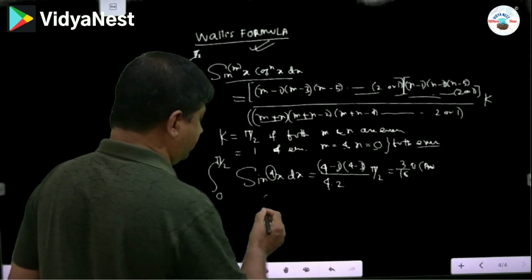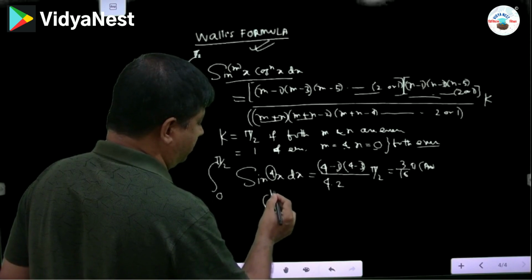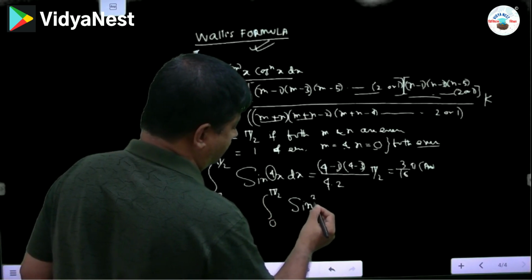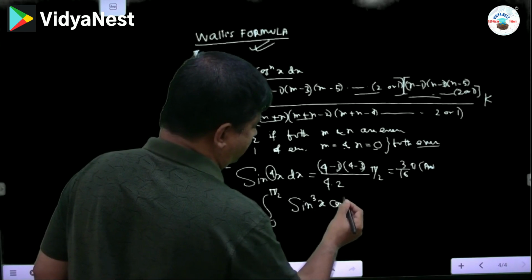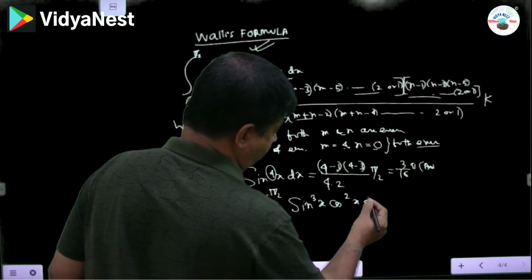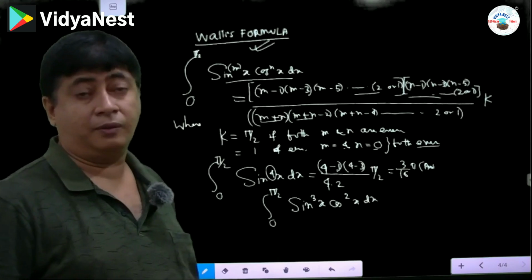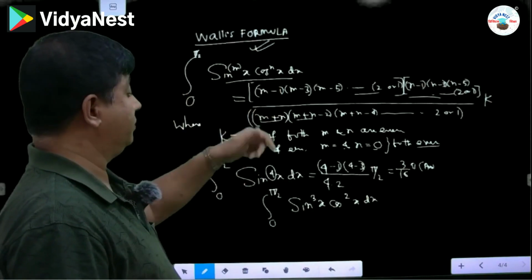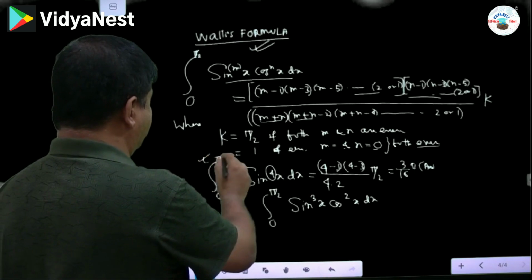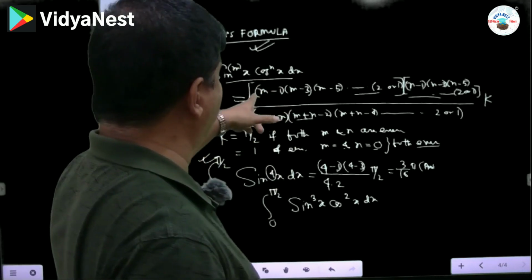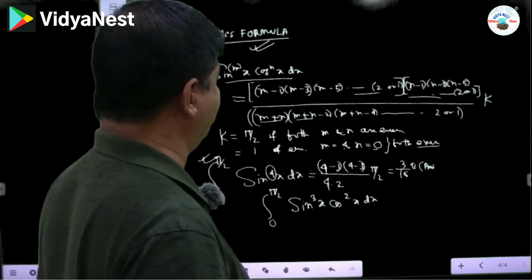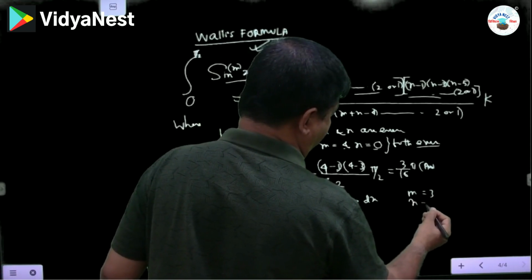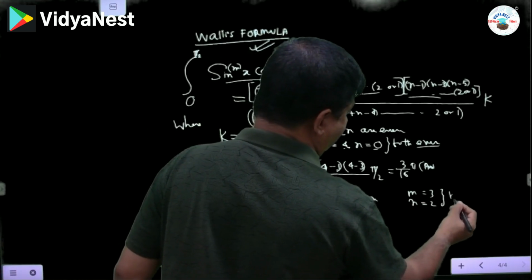See, 0 to pi by 2, sin cube x cos square x. Simple sum, but suppose you don't have much time to attempt it. So, like the previous sum, you apply the same concept or formula in this sum. Here, m is 3, n is 2, that means k will be 1.